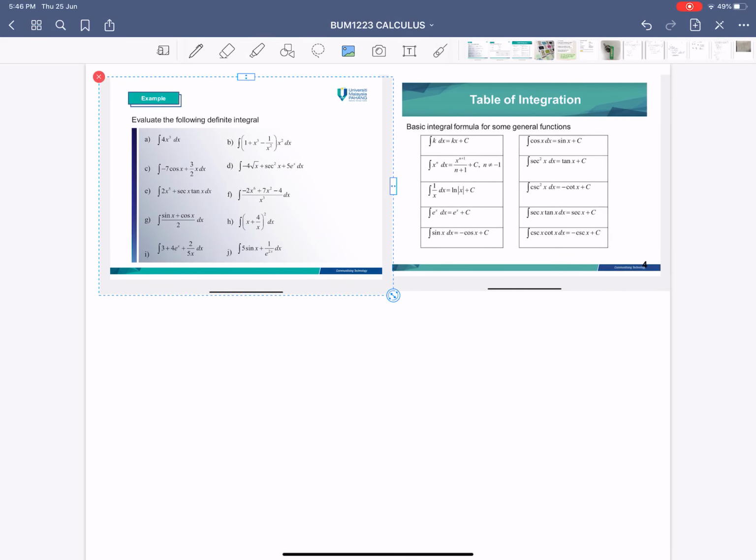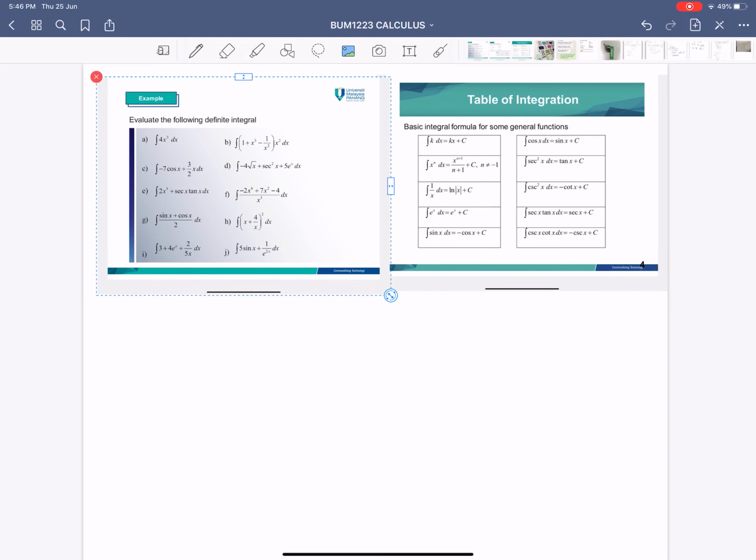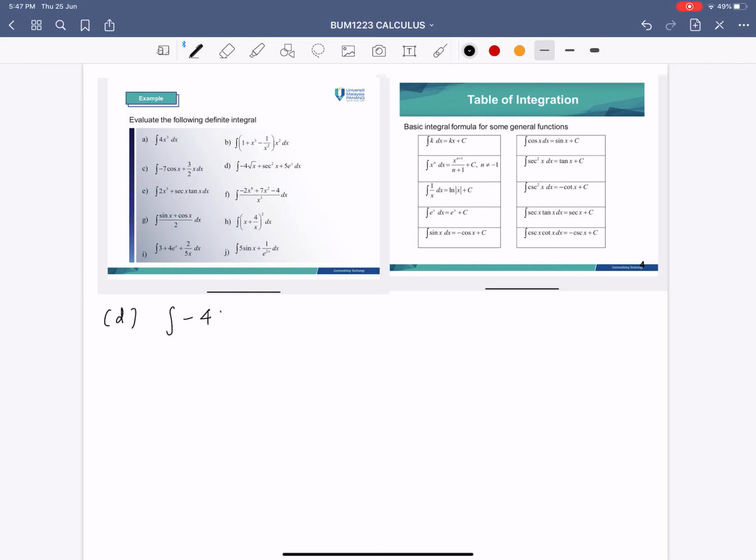So for question D, we have integration of negative 4 square root x plus secant square x plus 5 e power of x, dx.